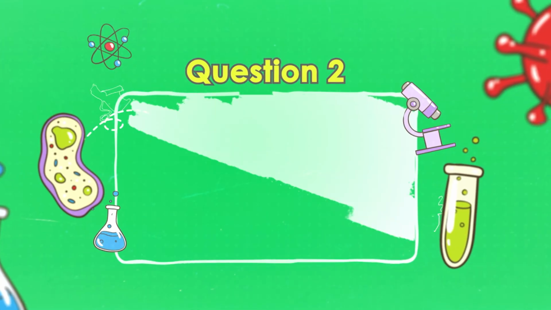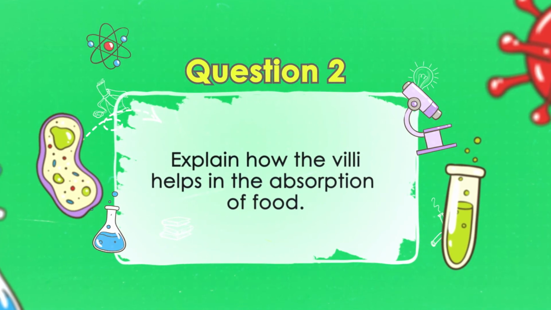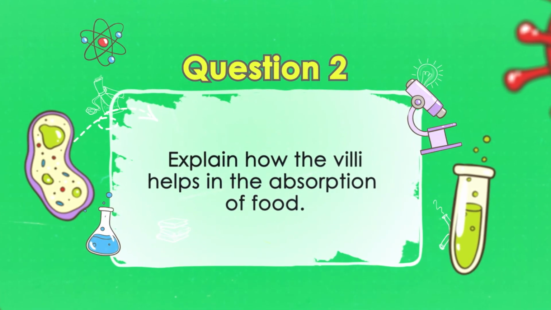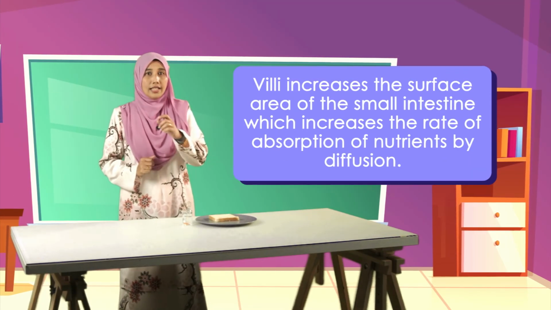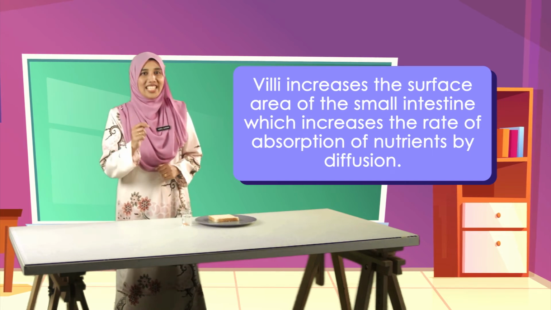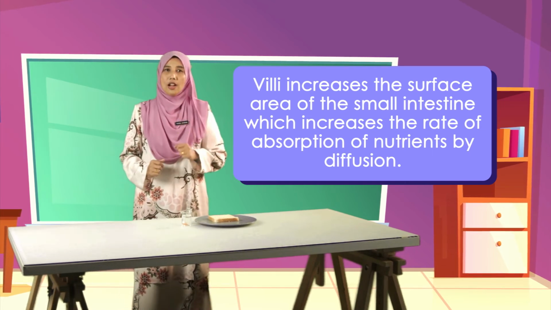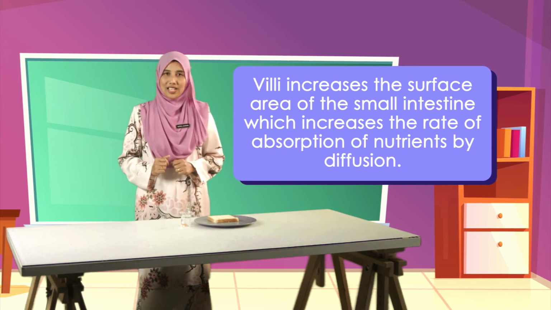Explain how the villi helps in the absorption of food. Good. Villi increases the surface area of the small intestine, which increases the rate of absorption of nutrients by diffusion.